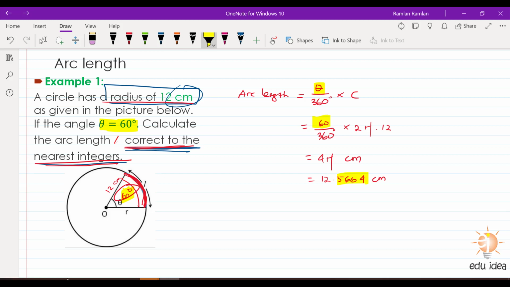So again, we only need these two numbers, the 1 and 2, which is this 12. But remember that if you round a number, you need to consider the next number after this, which is 5. Because it is 5, you need to add 1 to this number, so you'll get 13 centimeters.